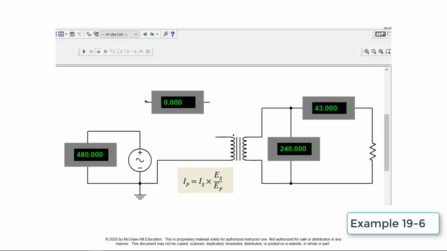The problem is solved using the following equation: I sub primary equals I sub secondary times E sub secondary divided by E sub primary. The simulation confirms the calculations.